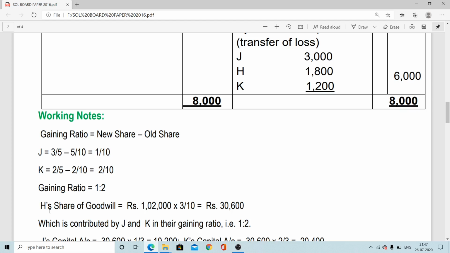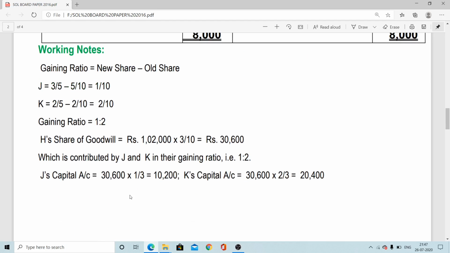So here the total value of goodwill is 1,02,000. From that value we have to find out the retiring partner's share. H is the retiring partner, so his share is 1,02,000 into 3/10, that is 30,600. This will be compensated by the remaining partners J and K in their gaining ratio 1:2.